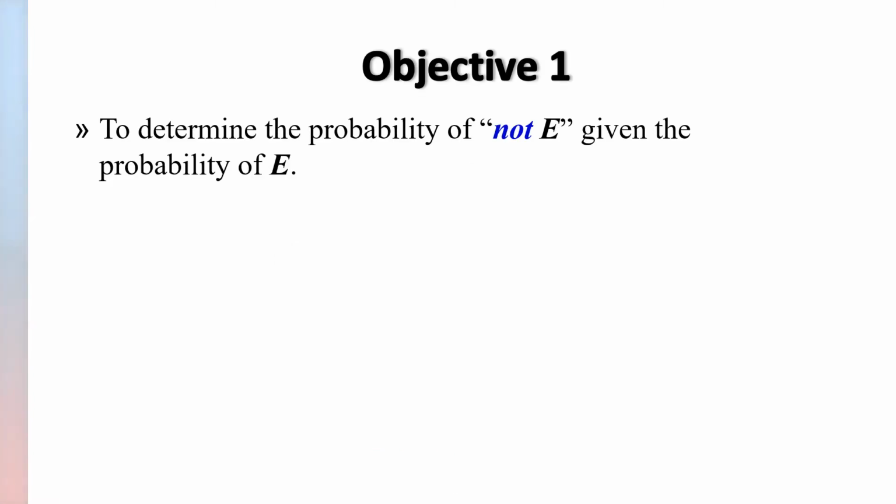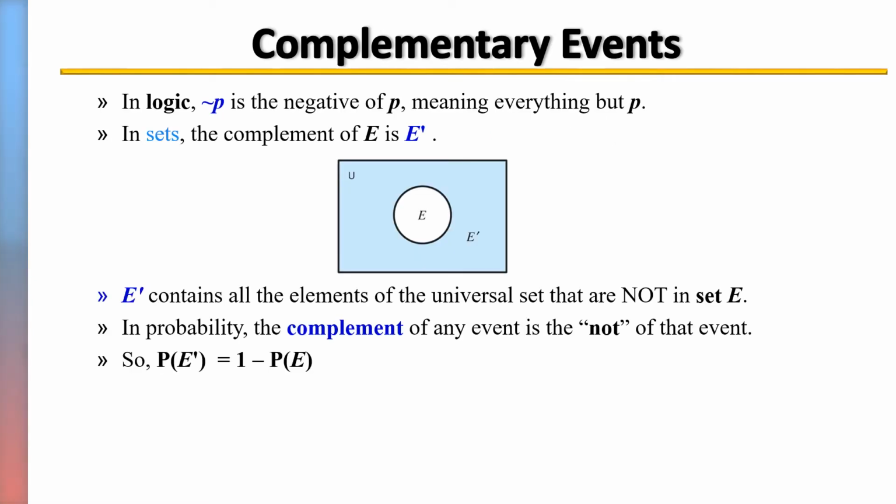In this lesson, we're going to determine the probability of not E given the probability of E. In logic, not P is the negative of P, meaning everything but P. So in sets, the complement of E is E prime.